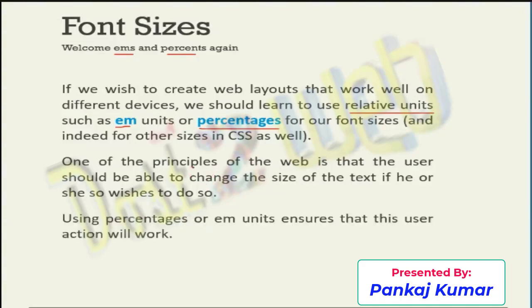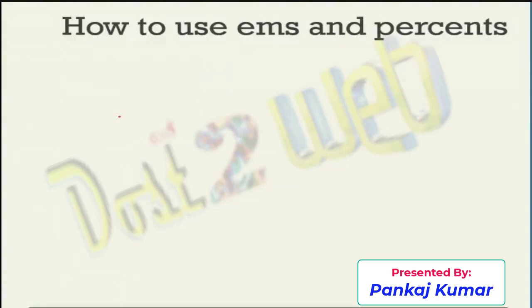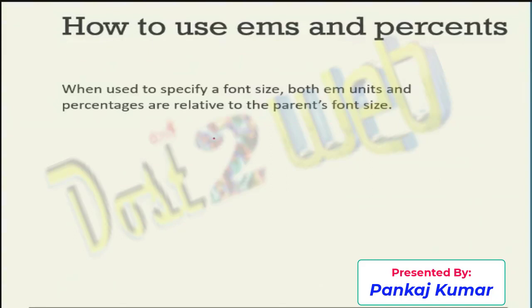And using percentage and EM units will ensure that the user action will work. Okay. Then how can you use EMs and percentage? When you are going to specify a font size, both the EM unit and the percentage are relative to the parent font size. So the parent's font size is what you are going to define accordingly.